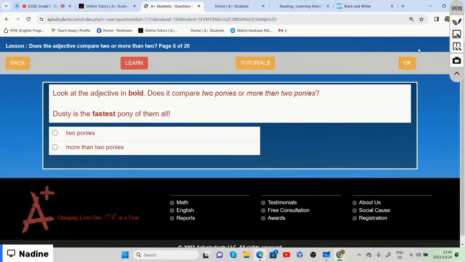We've got the next one, which is: Dusty is the fastest pony of them all. So fastest. Are we comparing two ponies or more than two ponies?